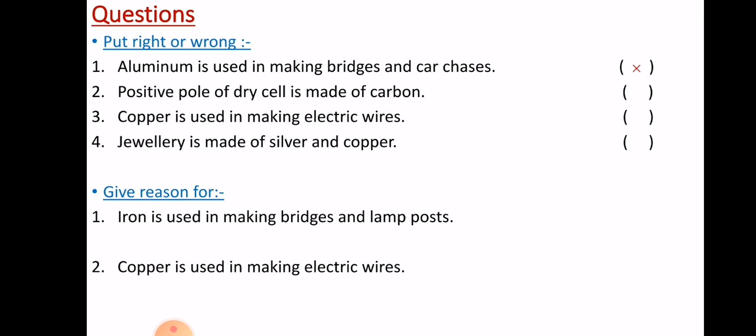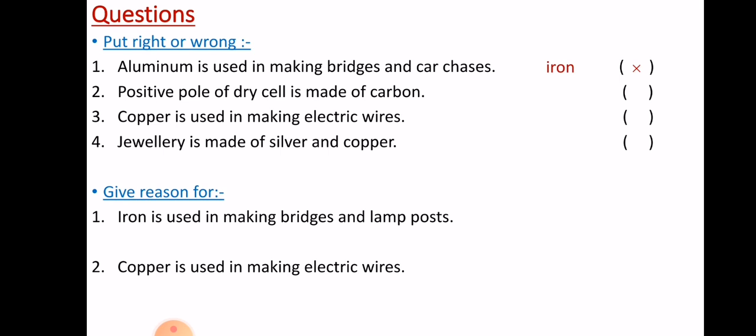Aluminum is not used in making bridges and car chassis. The element which is used for this is iron. Iron is used in making bridges and car chassis, while aluminum is used in making cooking pans, foil paper and door knobs. We will remove aluminum and put iron.